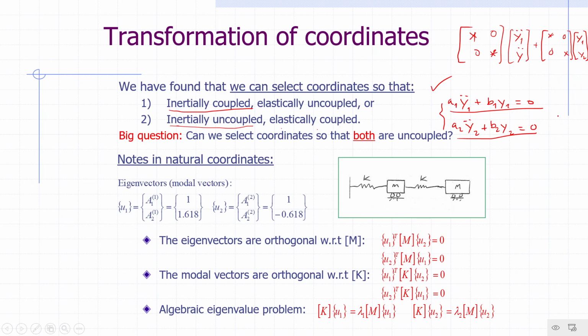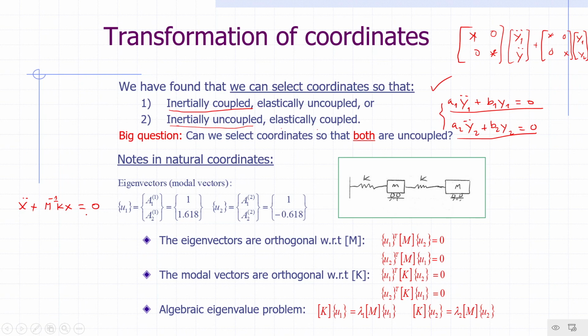I give a hint, but I won't explain every detail here. Because the matrices are full, not diagonal, with all elements non-zero, we can rewrite the equation as h double dot plus M inverse times K h equal to 0, right?